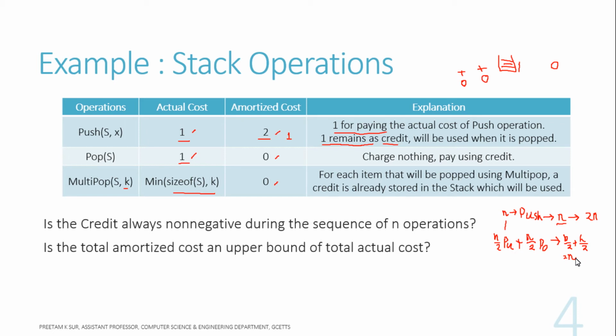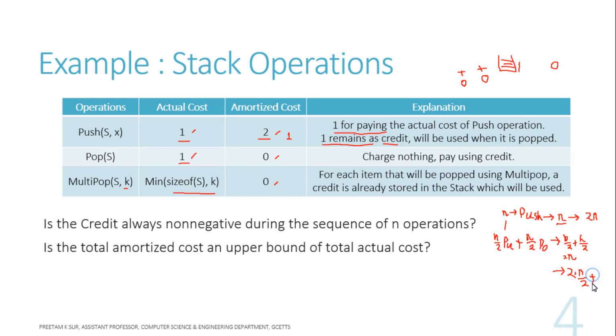And if we do the amortized analysis, what will we have? For the n by 2 push operations, each of them has an amortized cost of 2, so the total is twice into n by 2, which is nothing but n.